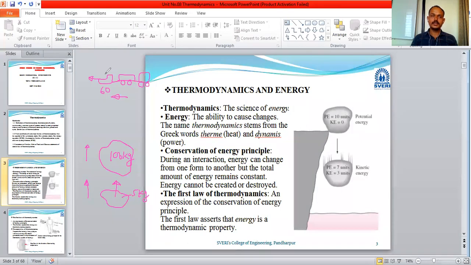But if I connect a tractor of 30 HP here, then what will happen?